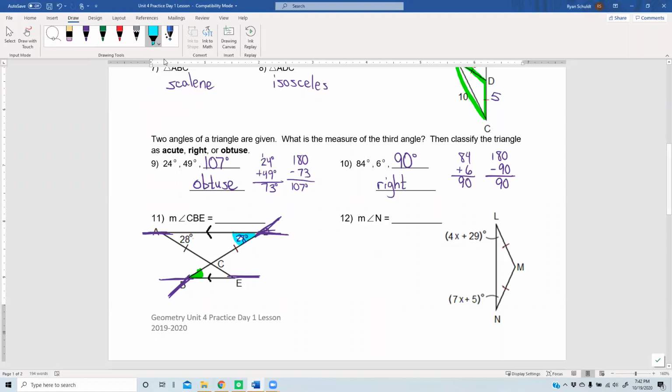How does it compare to the angle I want, which is in green down here? These are alternate interior angles. And what do we know about alternate interior angles? They're congruent. So this has to also be 28 degrees. There's our answer.